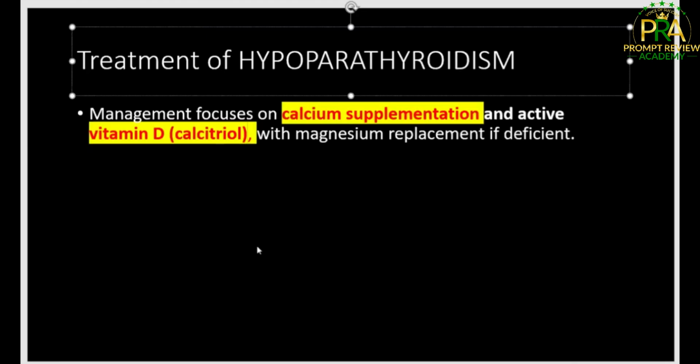So please don't forget that. And the treatment for primary hyperparathyroidism is surgery, or you can do bisphosphonate. While the treatment for hypoparathyroidism is your calcium or vitamin D.